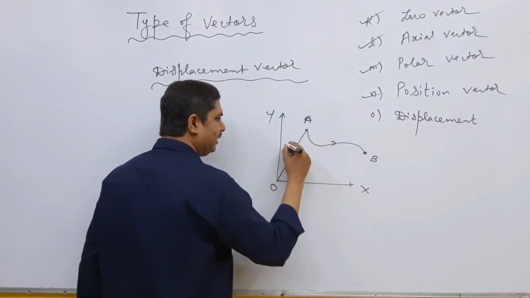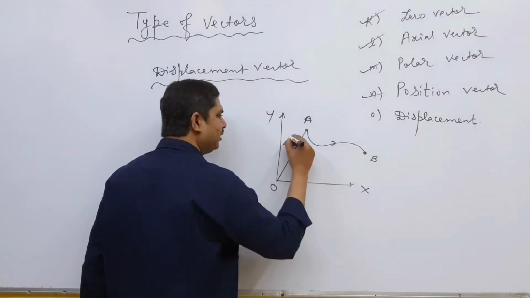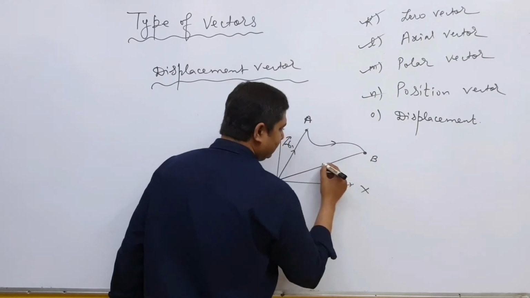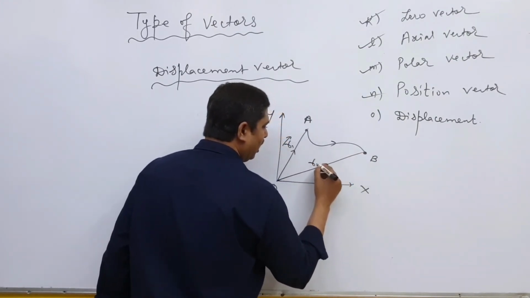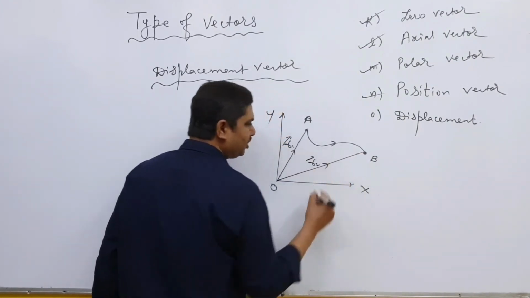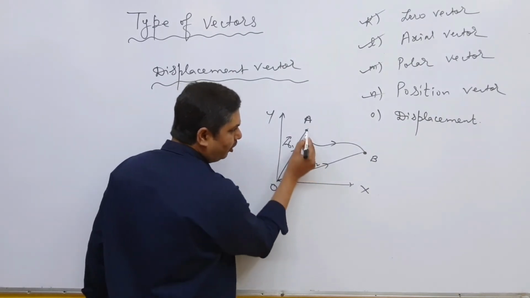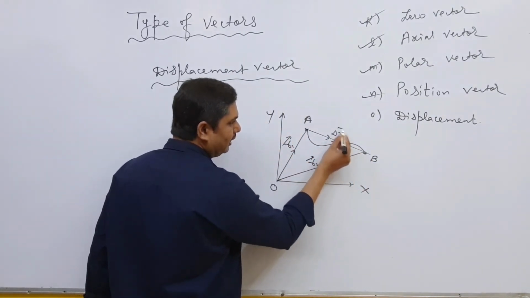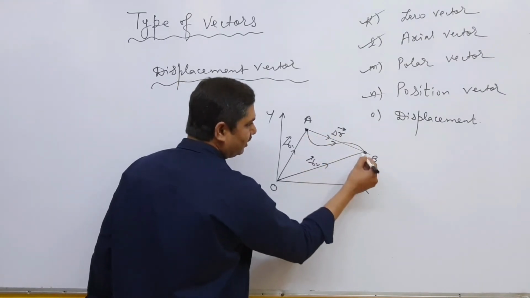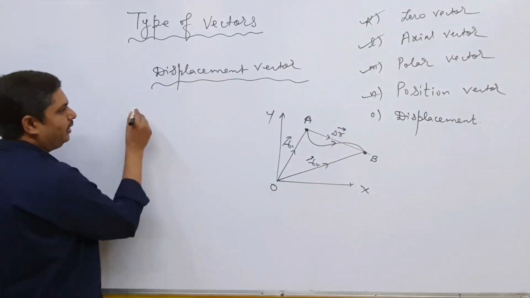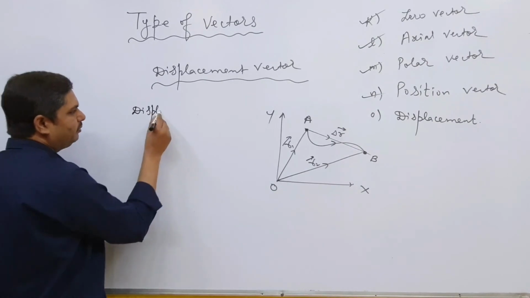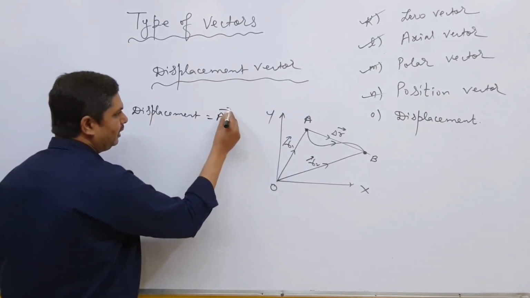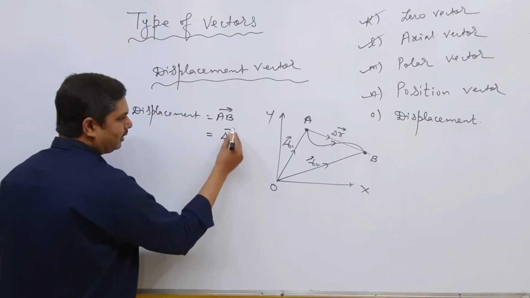This is vector R1, the initial position. We join this line. This is R2, the final position. After that we join this line straight. This is delta R, the displacement vector. So displacement is equal to AB, represented by delta R.